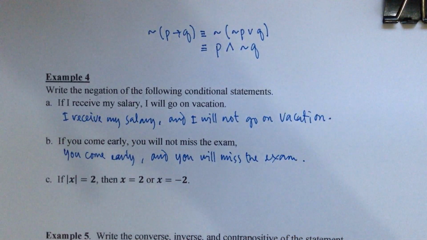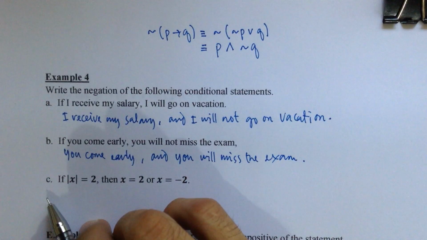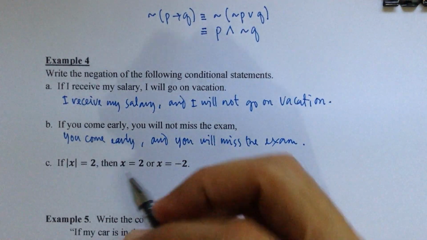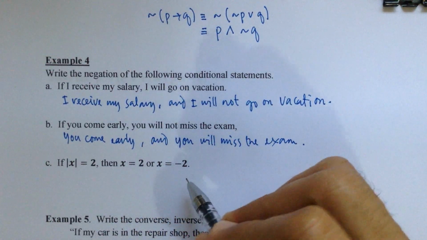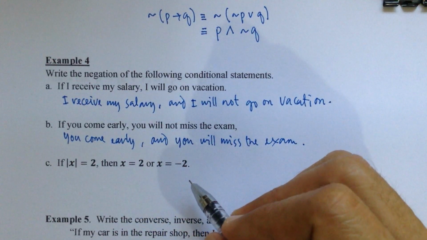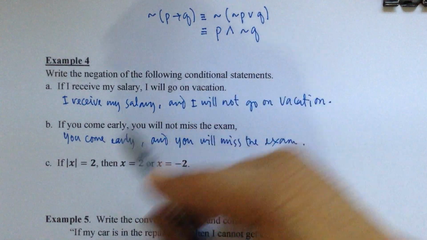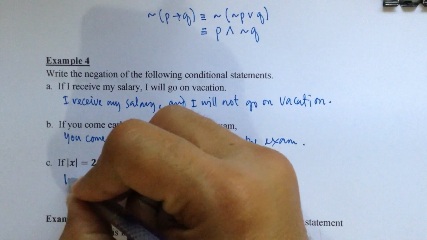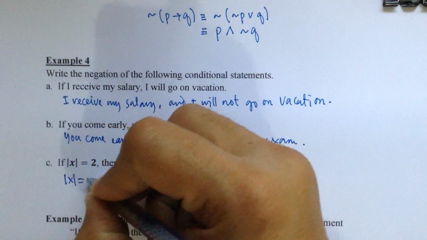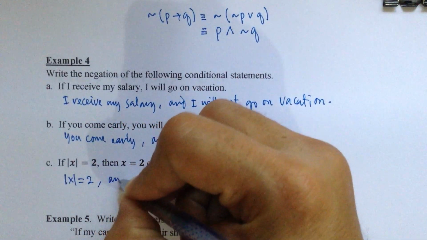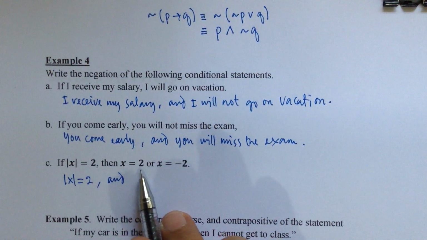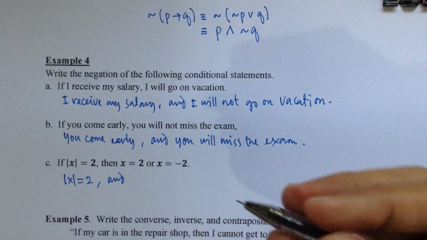Now, letter C is an interesting problem because the consequent is actually a compound statement. But following again the form for the negation, we write the P, which is absolute value of x equal to 2, and the negation of your Q. Now, your Q is x equal to 2 or x equal to negative 2.